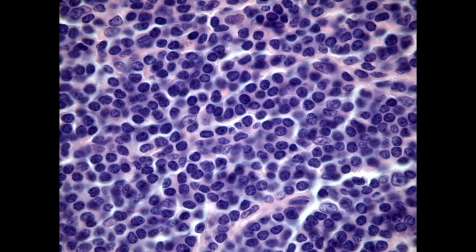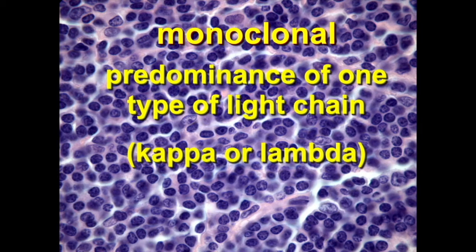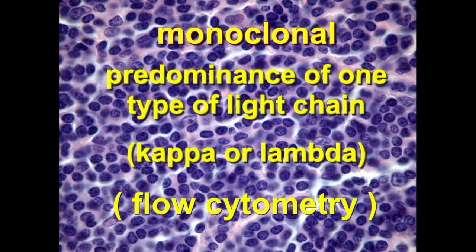Lymphomas are monoclonal. The cells have a predominance of one type of light chain, either kappa or lambda. And the best way to determine this is to do flow cytometry. The problem with conjunctival lymphomas is there's frequently insufficient tissue to do flow cytometry. They say that you need about the size of a pea of fresh tissue to do this.